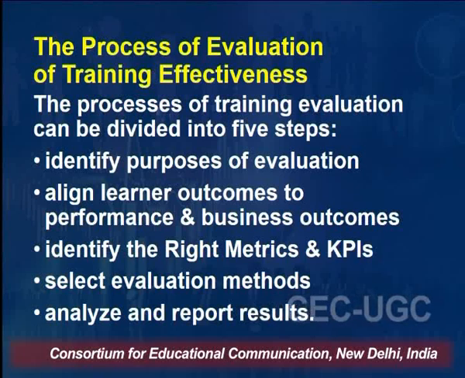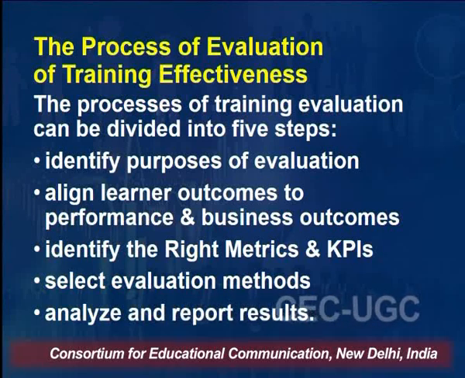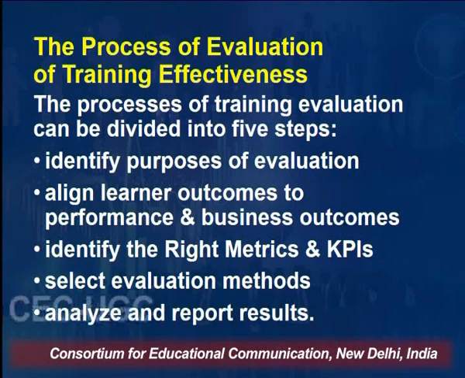The process of training evaluation can be divided into 5 major steps. The first step is to identify the purposes of evaluation. The second is to align the learner outcomes to performance and business outcomes.